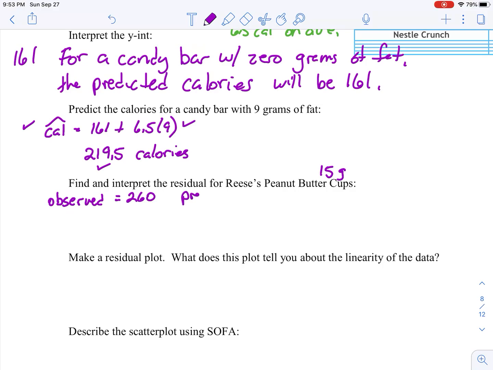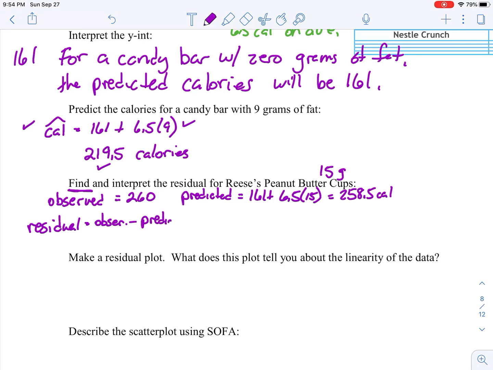We predicted 161 plus 6.5 times 15, and that equals 258.5. So if I talk about finding my residual, it is going to be the observed value minus the predicted value.